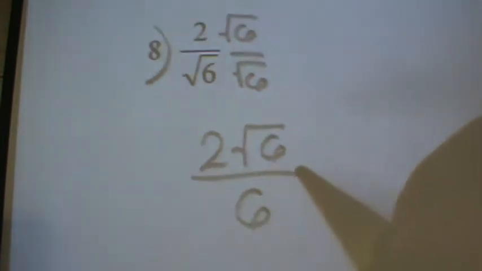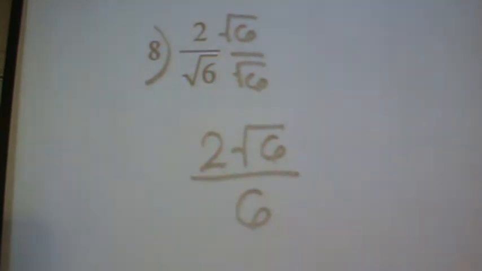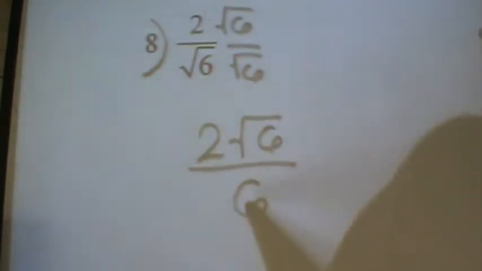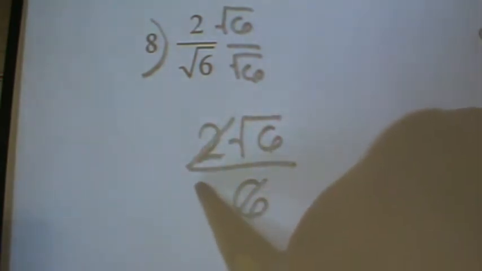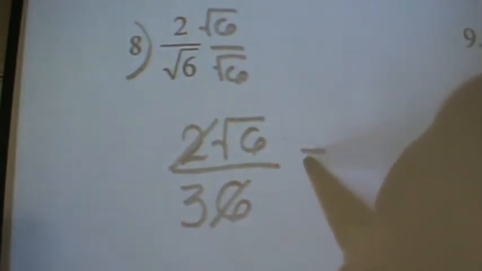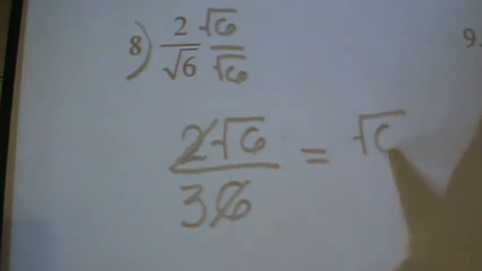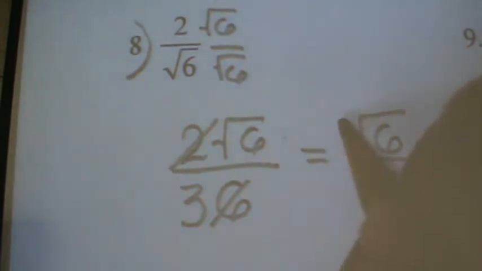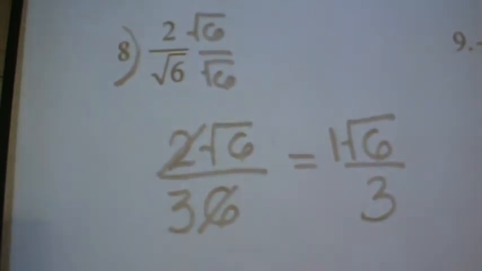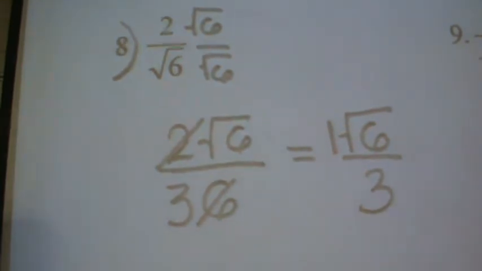Now, is there anything we can do with this fraction? Yes, you can reduce. 2 goes into 6 how many times? 3 times. So what's my answer? Root 6 over 3. Do I have to have the 1 here? No, but if it makes you feel better, put it in. I'm not going to mark you off.